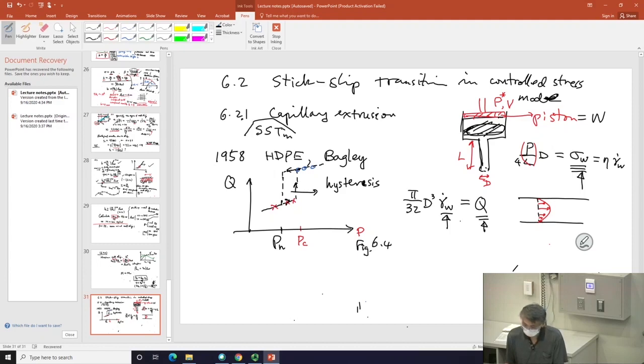I know I'm not lining up this point very well. Yeah, there's a critical pressure. And this jump, in his case, was about 10 times.